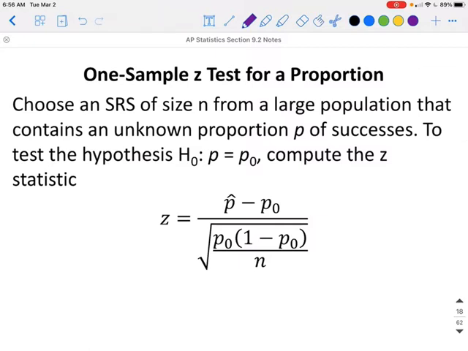P values, therefore, come from the standard normal distribution. So if we are going to do a one sample z test for a proportion, you're going to choose a simple random sample of size n from a large population that contains an unknown proportion p of successes. To test the hypothesis H sub 0, where p is equal to p sub 0, compute the z statistic.